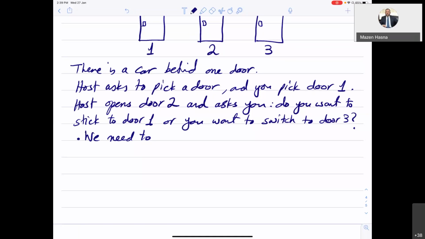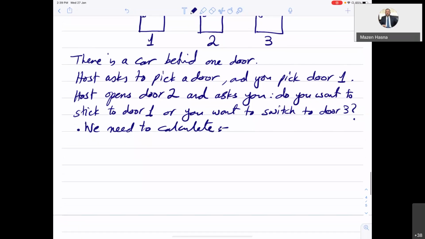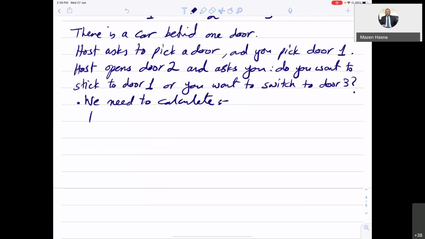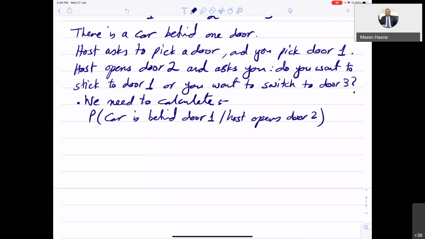Okay, so let's see. We need to calculate the following 2 probabilities here. The first one is the probability that the car is behind door 1, given that the host opens door 2, right? This is the first probability.